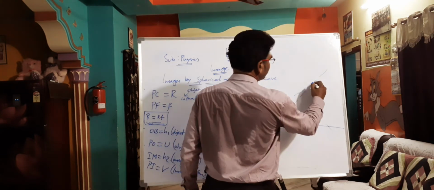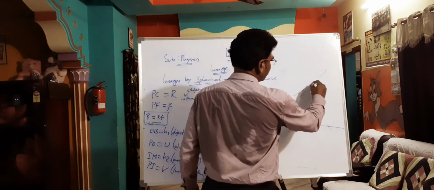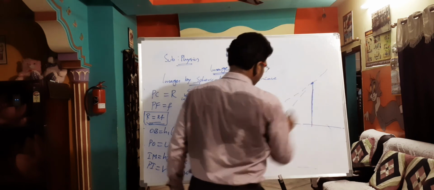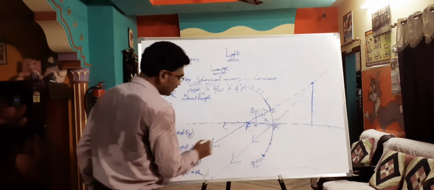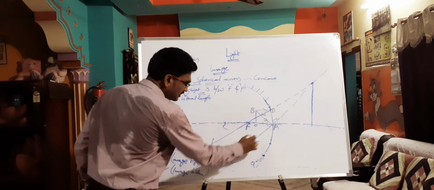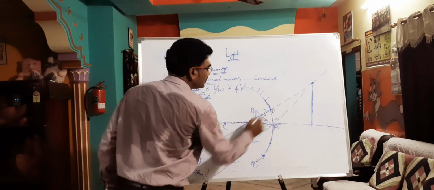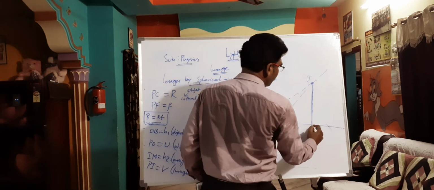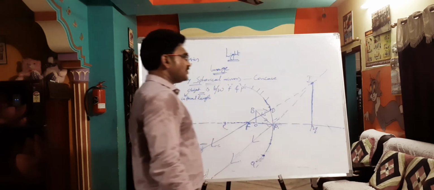Now you see, what is this point? When we extended this reflected ray, this is one reflected ray, this is another reflected ray, extended. Now this is the image point. So IM is the image.